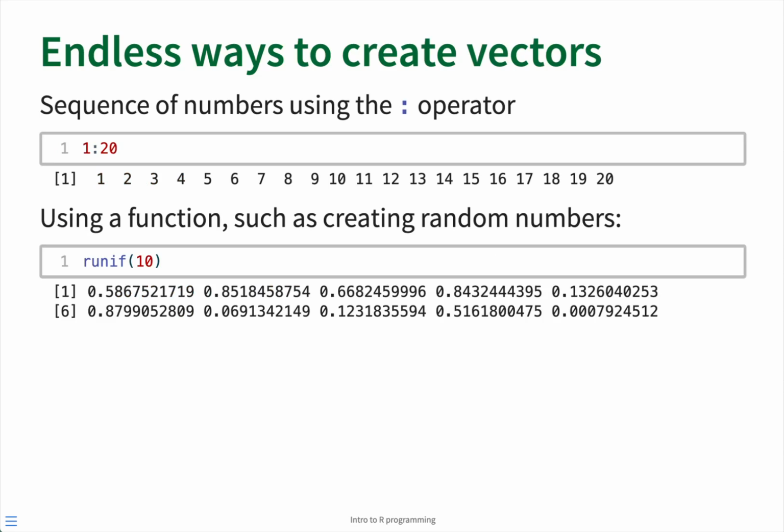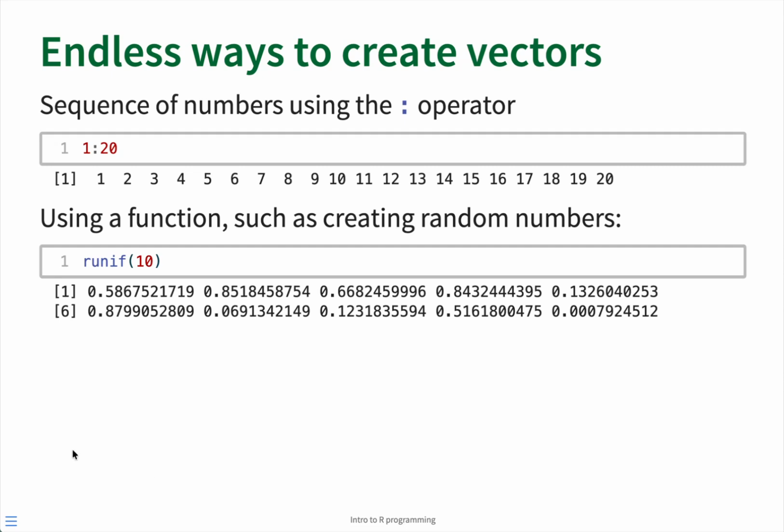There are other ways to create vectors aside from the c function. With numbers, we can create a vector that is a series of all the integer numbers from one number up to another number, which we can do with this colon operator, like this. So 1:20 creates a vector of all the numbers from 1 through to 20.